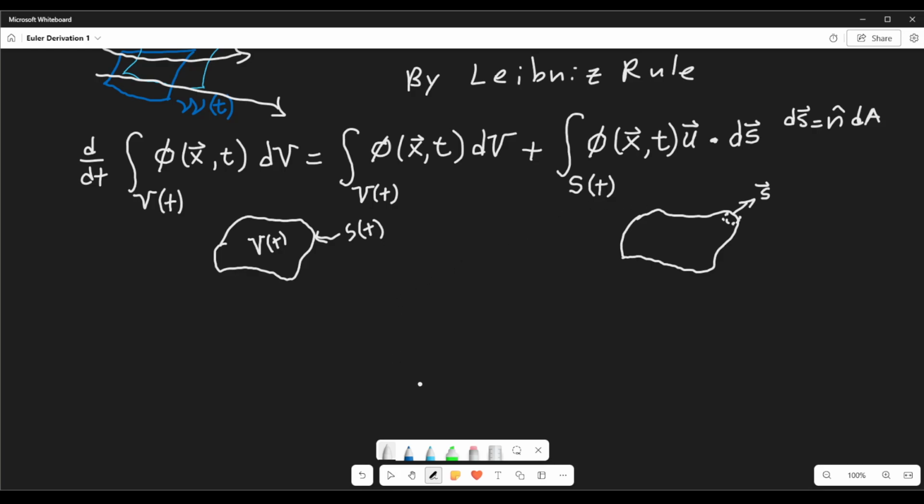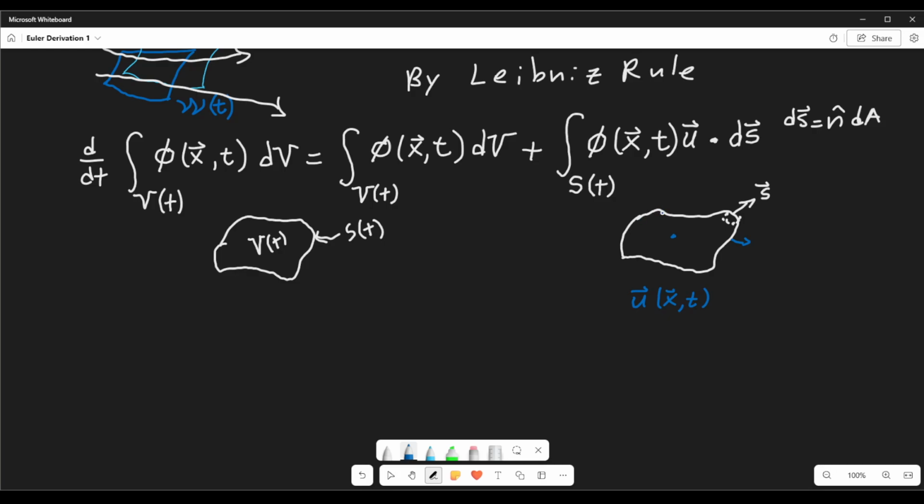So what's going on? The u is actually the velocity of the surface. It's presumed that everything inside the surface is moving at a velocity dependent upon this u field. So this u vector field depends on space and time, and it exists in the space.